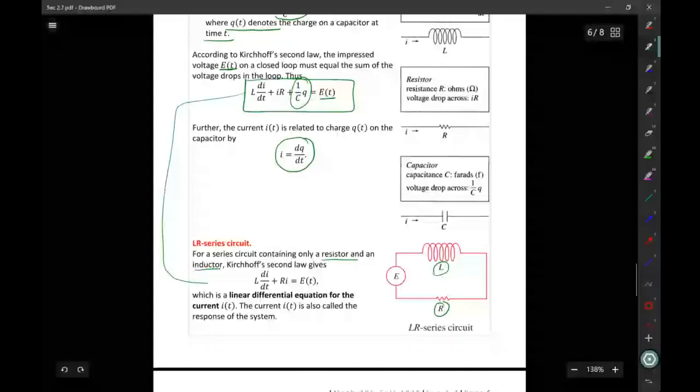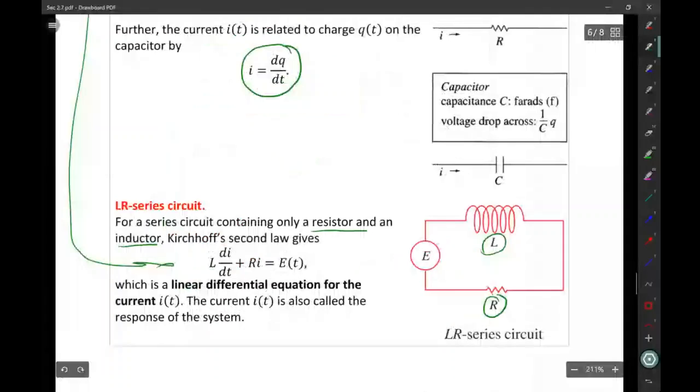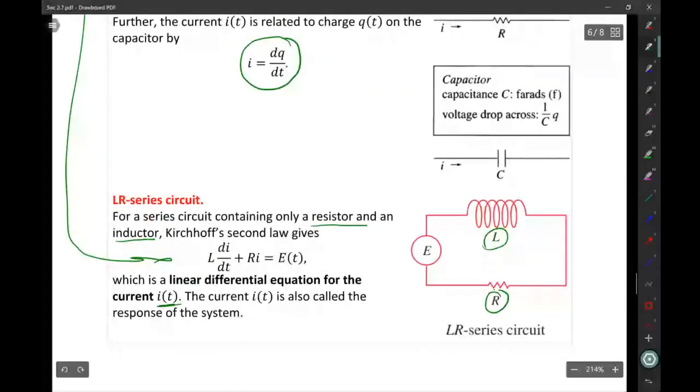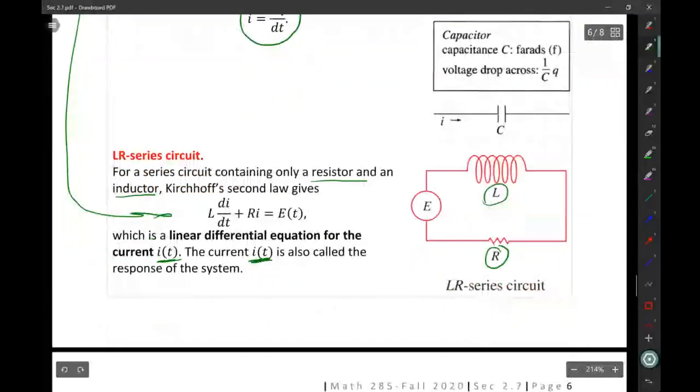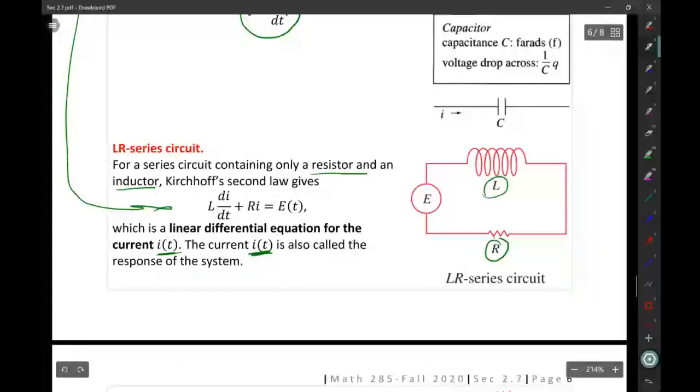And this differential equation is a linear equation for the current I. When you solve it, you will get I of t, which is called the response of the system. So this is the LR system. It has no capacitor, just only a resistor and an inductor.